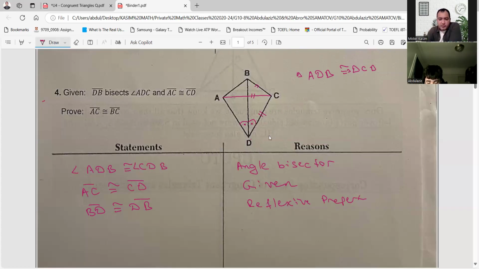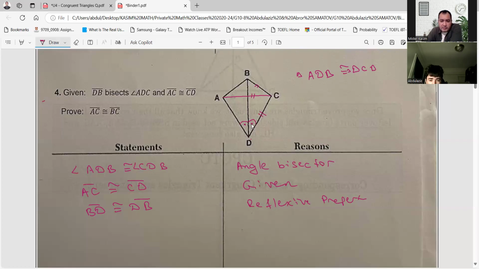One more time, let's try. Otherwise, let me think later. What I feel is that something is missing here. DB is an angle bisector, so that means it bisects ADC.